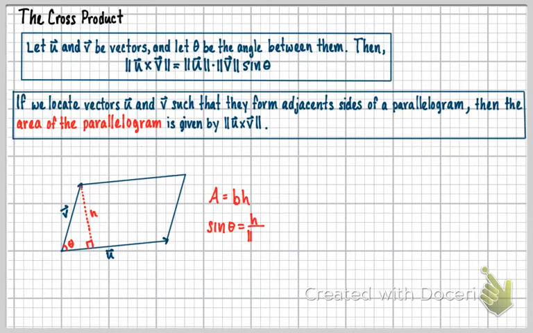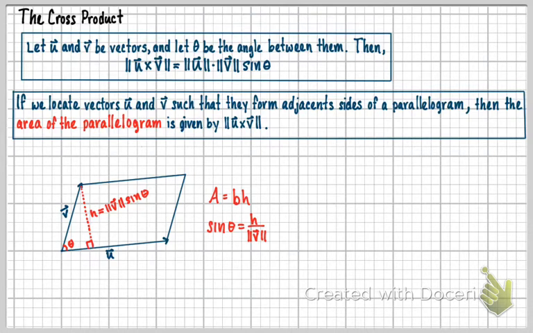It's the length of v that gives us this, not the actual vector v. So if I want to find h, then h equals the magnitude of v times the sine of theta. That's what the opposite side would be for that theta.